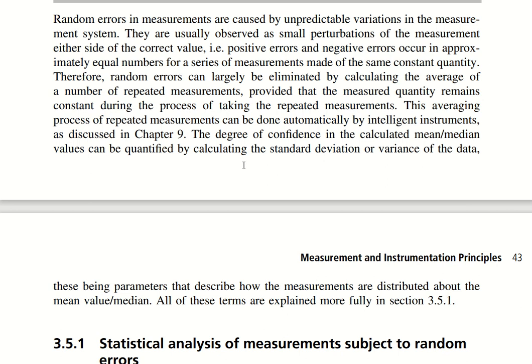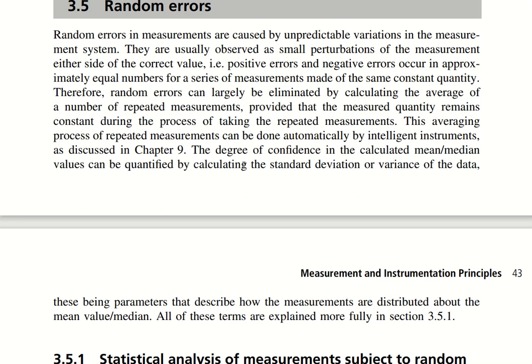And they occur in an approximately equal number in a series of measurements made of the same constant quantity. Therefore, random errors can largely be eliminated by calculating the average of a number of repeated measurements, provided that the measured quantity remains constant during the process of taking the repeated measurements.